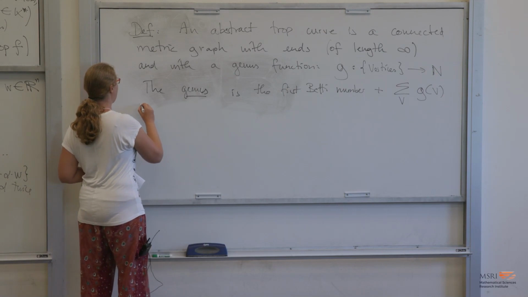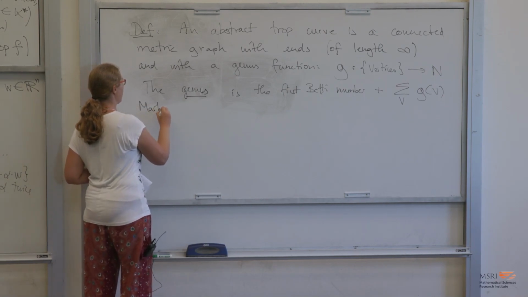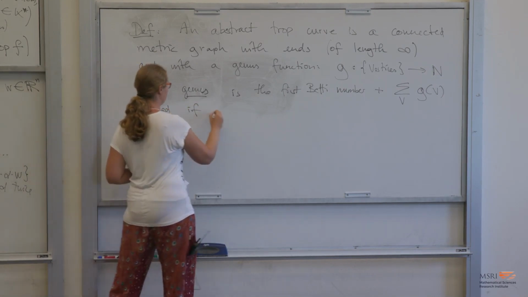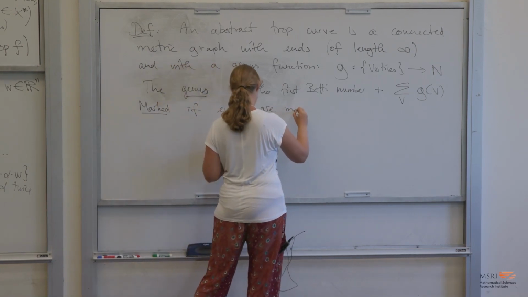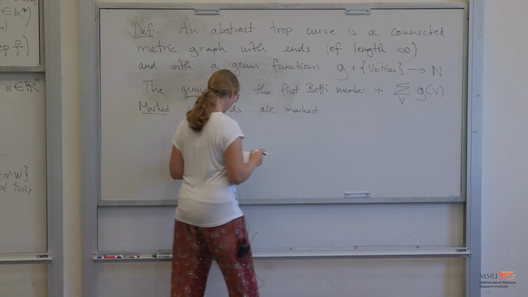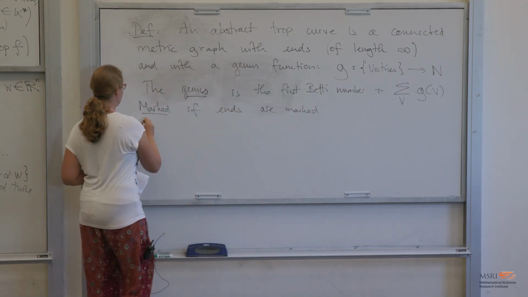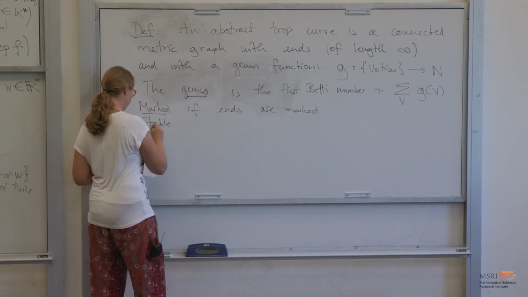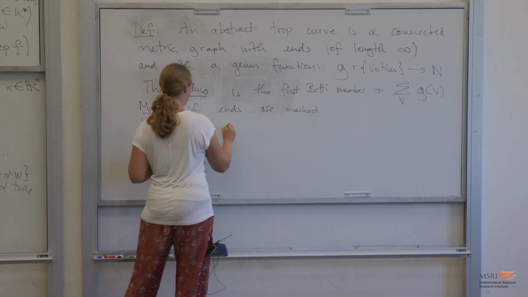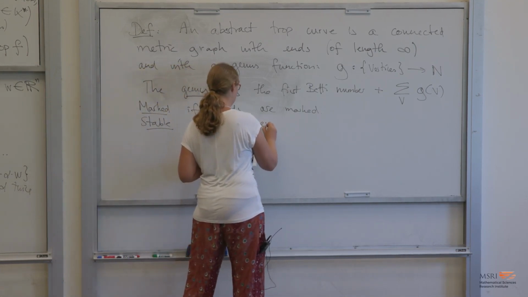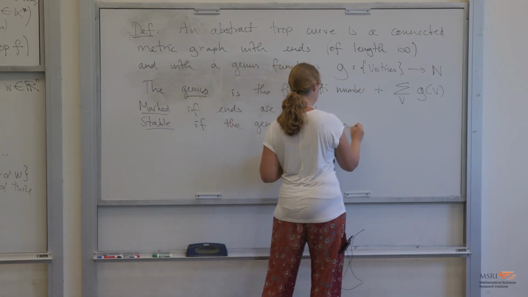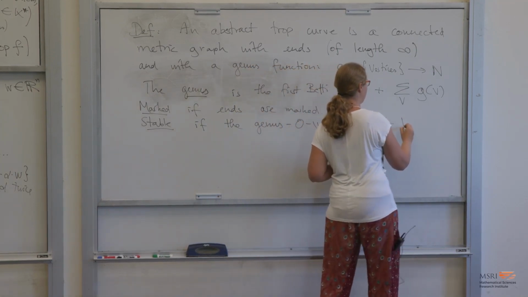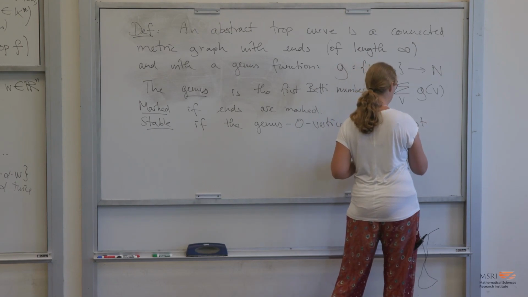We call it marked if some of the ends are marked with some numbers. And then it's called stable if the genus 0 vertices are at least 3-valent.